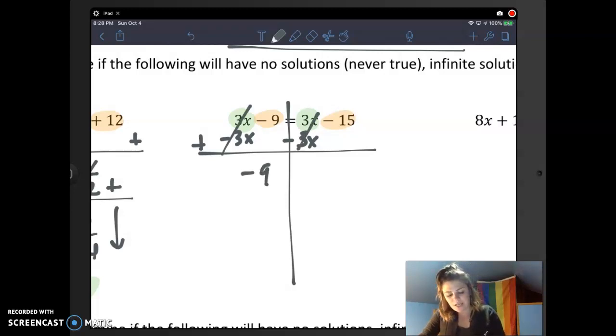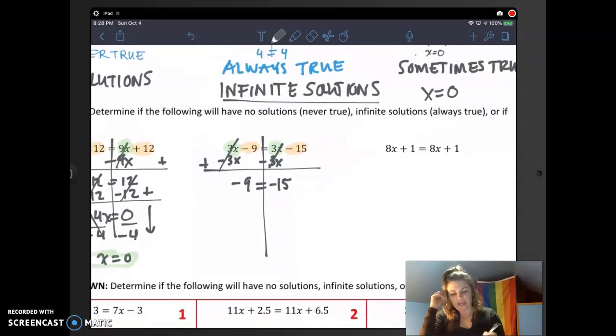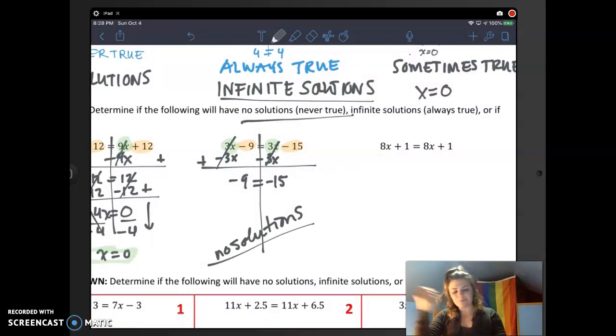So we have negative 9 is equal to negative 15. Is the number negative 9 the same as the number negative 15? No. And all of our x's just poof, disappeared, right? We canceled out both x's. So when this happens, we know we have no solutions, or never true is another way to say that.